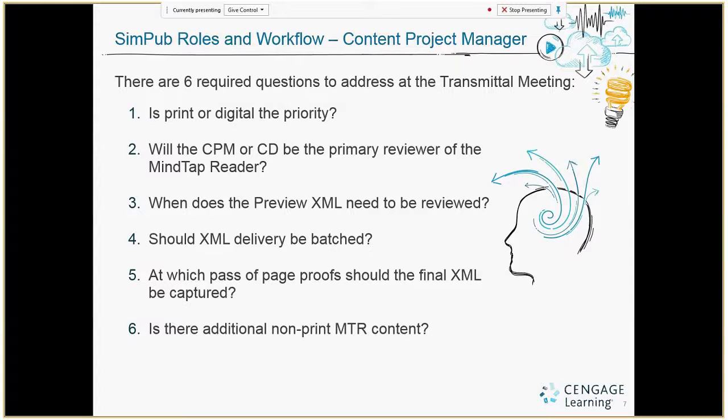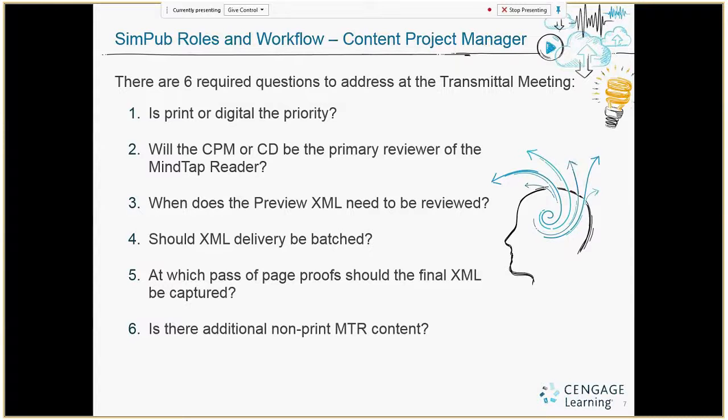And then tab 10, we have added a brand new tab, and that is to help synchronize the release of these batched chapters or batches of XML and PDF so that it's very clear to everyone who receives these batches that the XML is reflecting the PDF pass of second pass pages or third pass pages or whatever it happens to be.